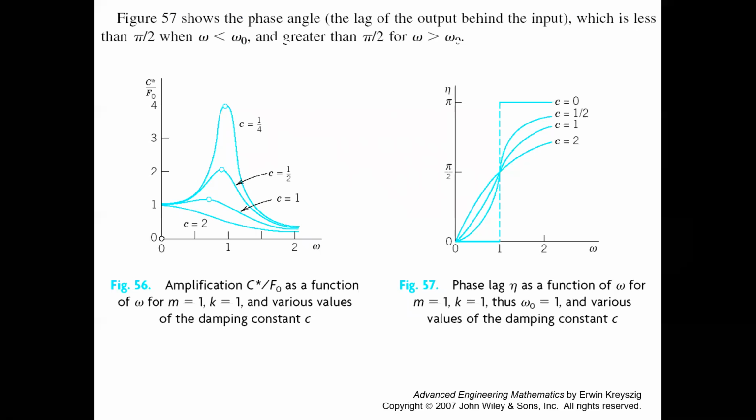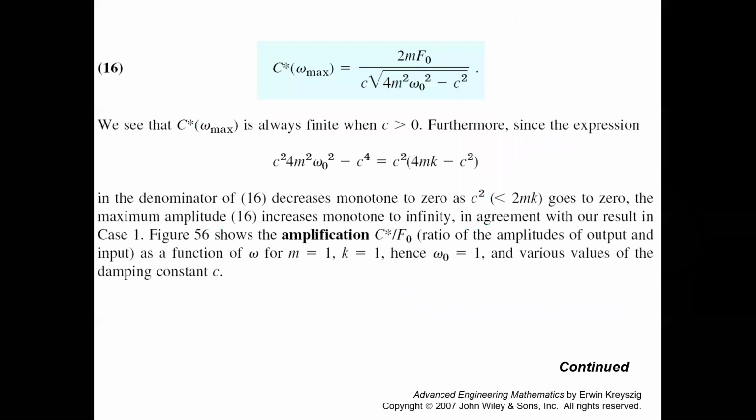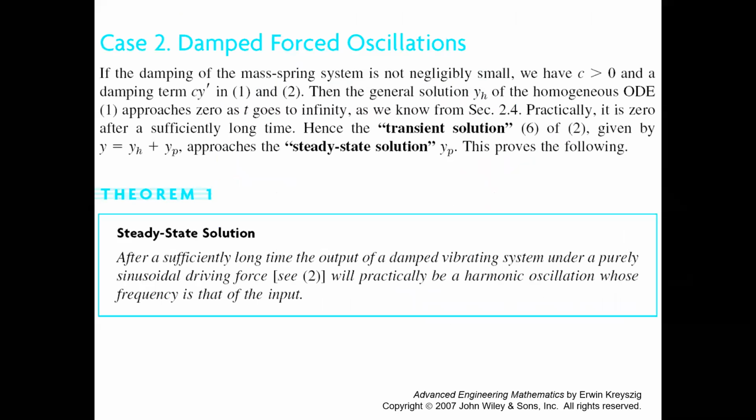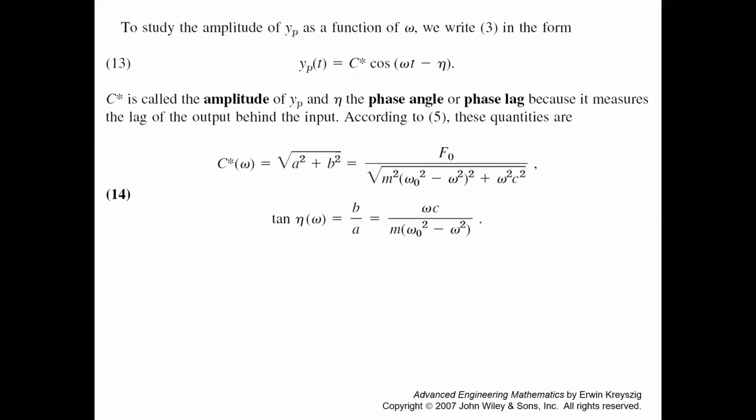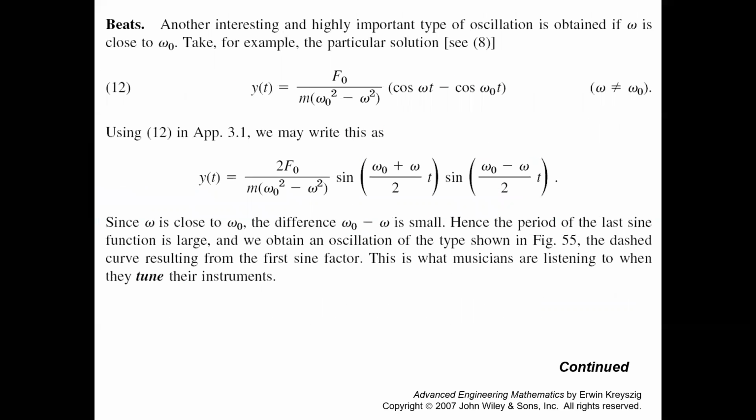So we only have two conditions. First is the damped forced oscillation, and then the overdamped. The damped forced oscillation can have general conditions, or you can also have the resonance.